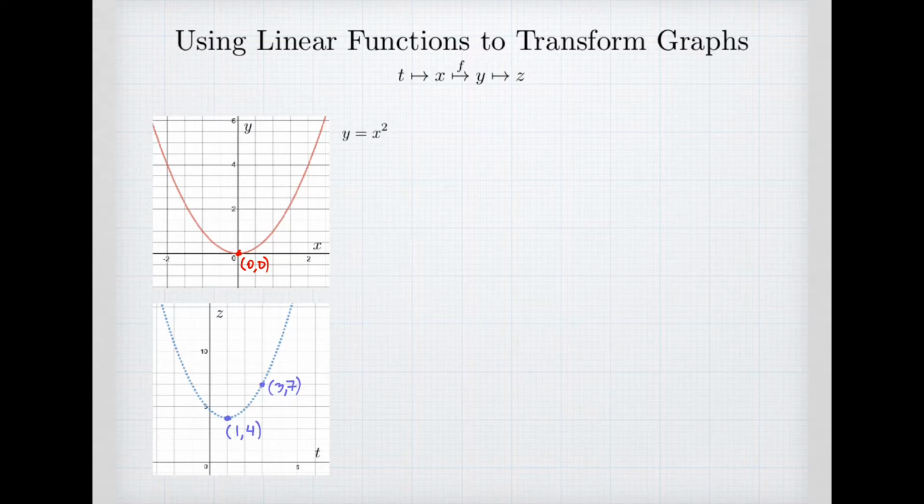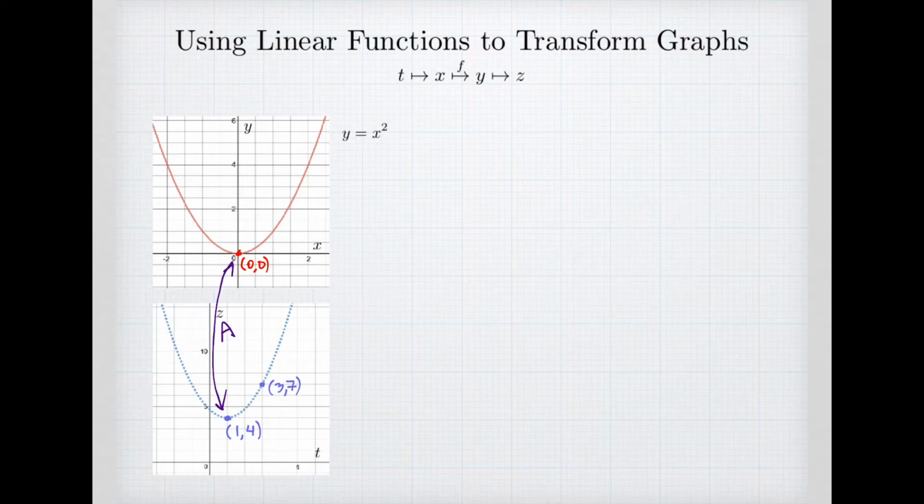The way that we'll do the transformation is we are going to think of an association between the points of the y equals x squared graph and the points of our parabola we want to find. So here I've got a vertex, and I'll call it point A, so that for my original graph I have (0, 0), and for my transformed graph I have (1, 4).